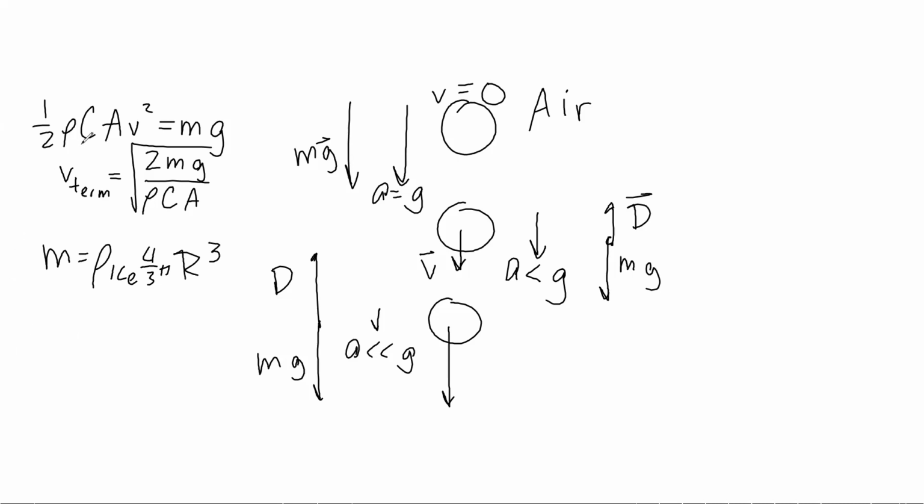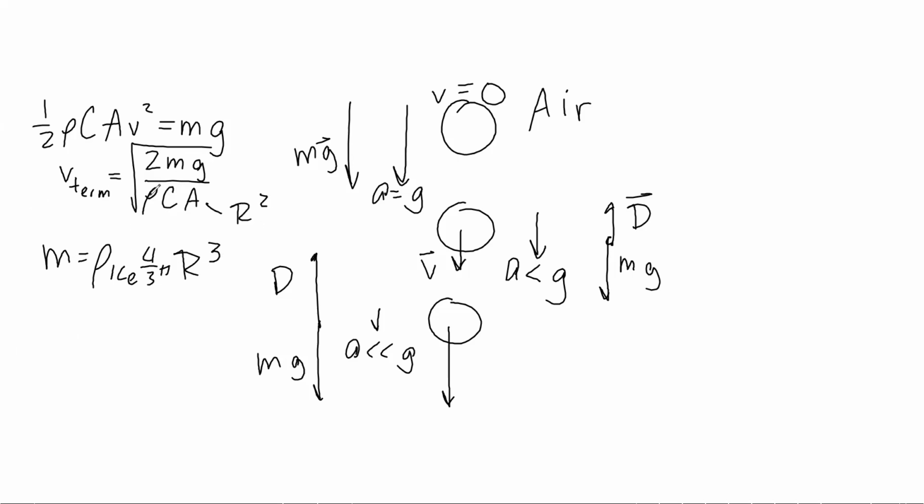The numerator has a radius cubed in it. The denominator has the drag coefficient, which stays the same as long as the hailstone stays spherical, and then rho is the density of air, not water, so the densities don't cancel. But the cross-sectional area is pi r squared.